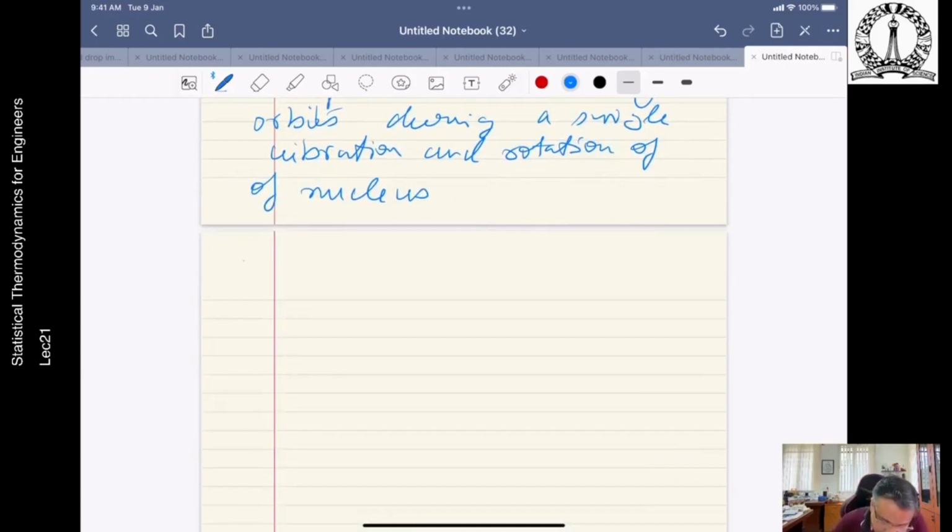So the internal wave function is therefore written as electronic times rotation-vibration.